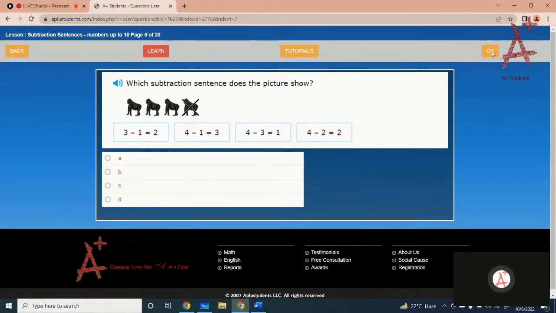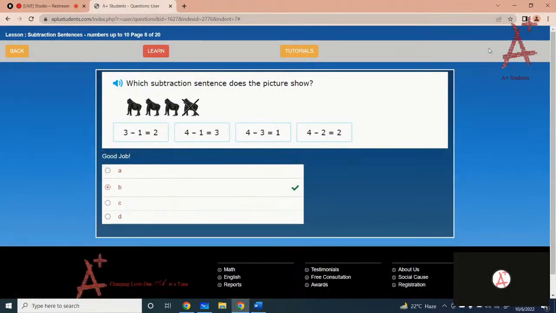Out of the four, just one is crossed out. So that means it's 4 subtract 1. And on the other side, you have to write the ones that are not crossed out. So 1, 2, 3, three of them are not crossed out. So 4 subtract 1 equals 3. Got it? The correct option is B, this one. 4 subtract 1 is 3. Select the correct option and click on the OK button.